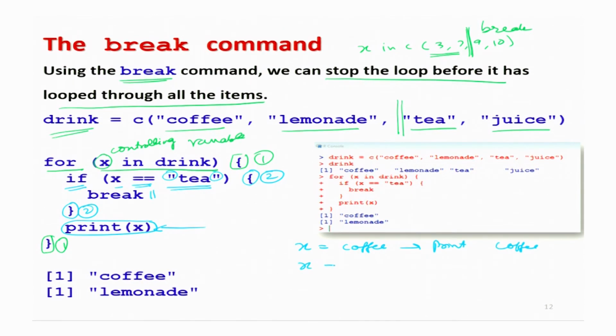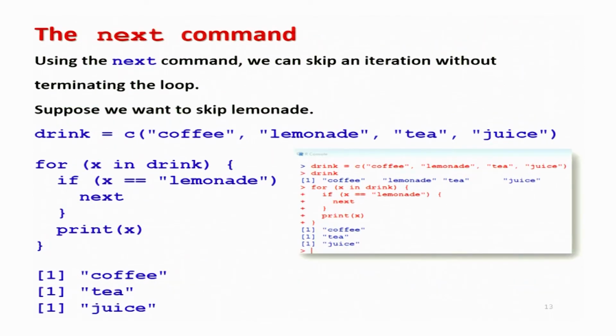Now it will come to the next value in the data vector drink, lemonade, and print lemonade. Then it will come to the third value, which is tea, but the command is that if the value in x is exactly equal to tea, then break. So, it will stop here. So, you can see that the outcome will be coffee and lemonade, right.